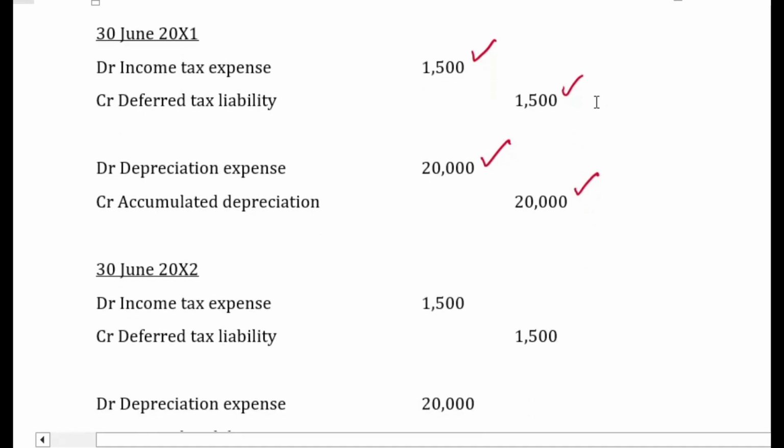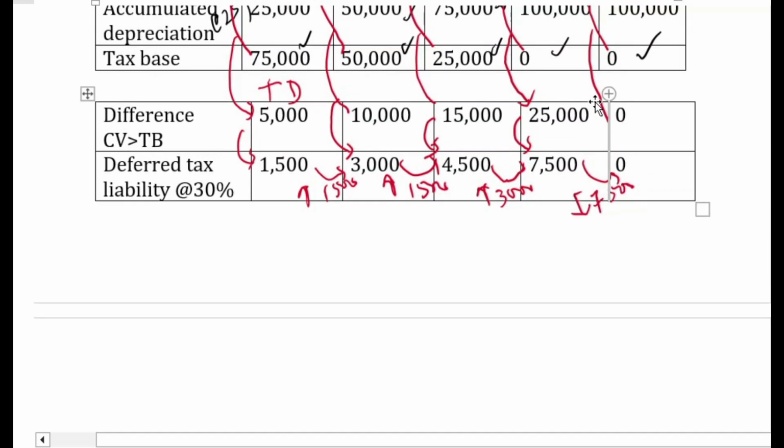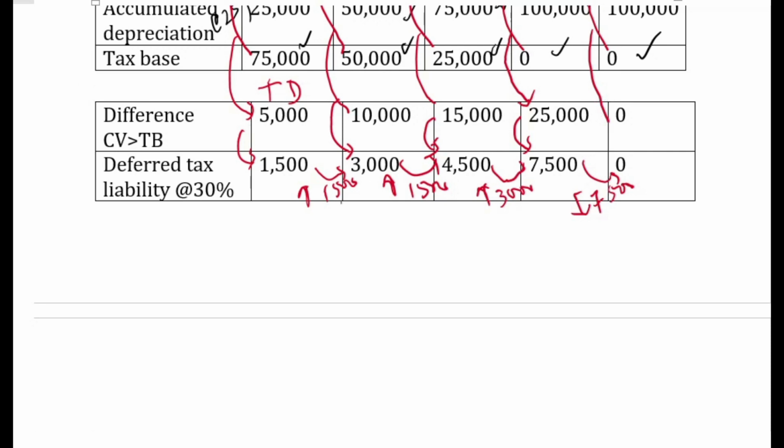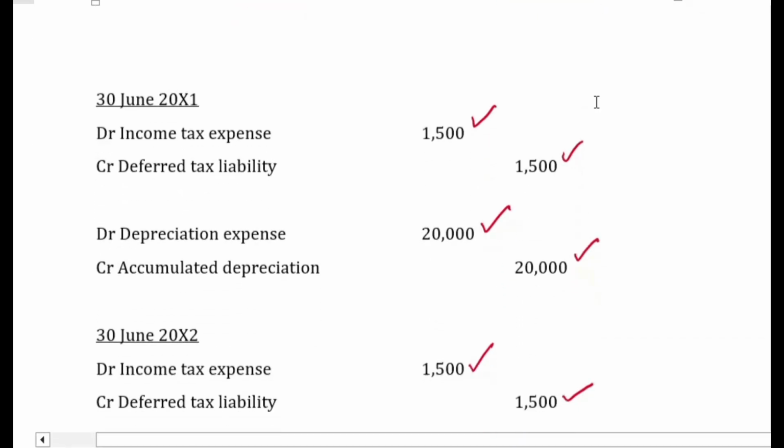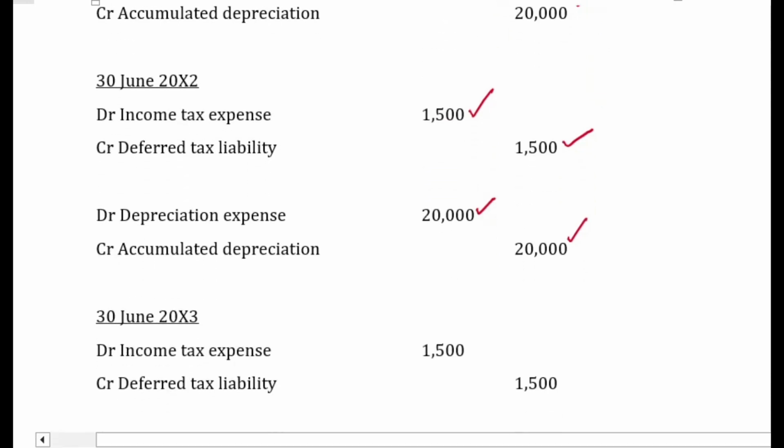Second year, our deferred tax liability balance increases by 1,500 and we debit 1,500 for the income tax expense, because the increase is 1,500, and the depreciation expense is 20,000 and accumulated depreciation is 20,000.